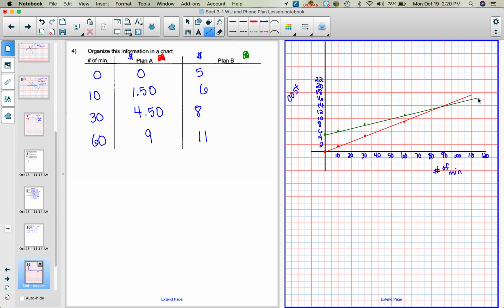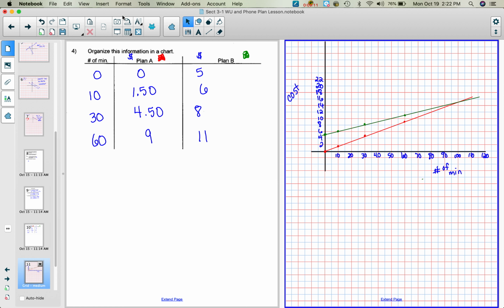And I want to extend it far enough so I can see where they're crossing. All right, so if we make a guess.